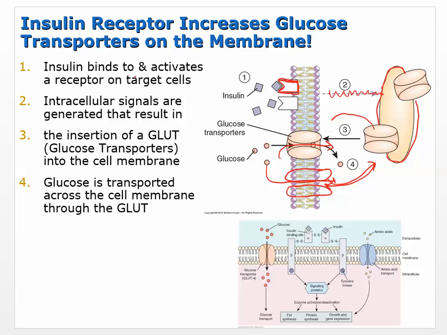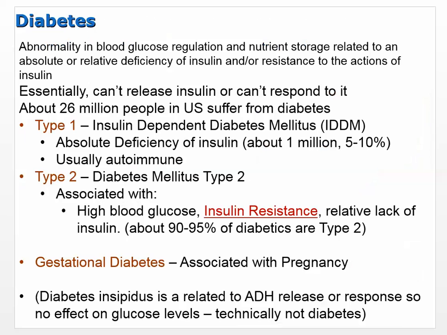So insulin binds to and activates a receptor in the target cell, and intracellular signals are generated that result in the insertion of these GLUTs, or glucose transporters, into the cell membrane, and then the glucose will move through those transporters into the cell. Okay, so now we can start talking about diabetes as a disease.